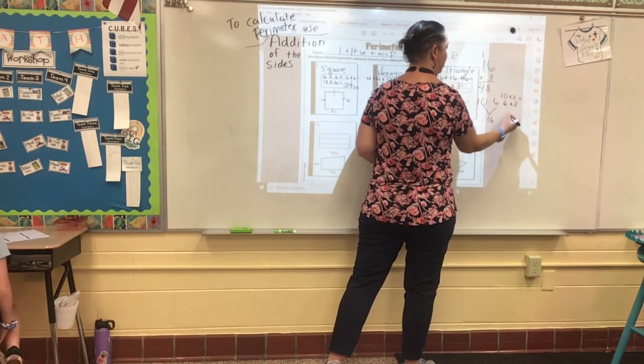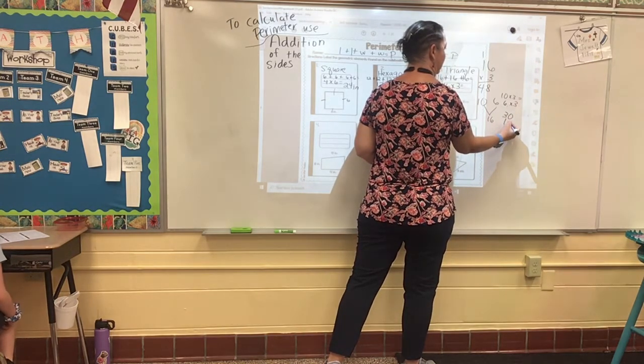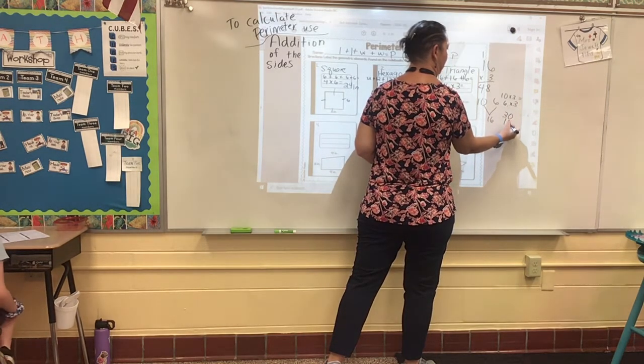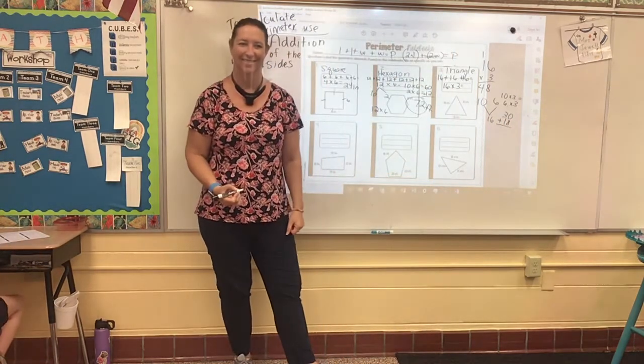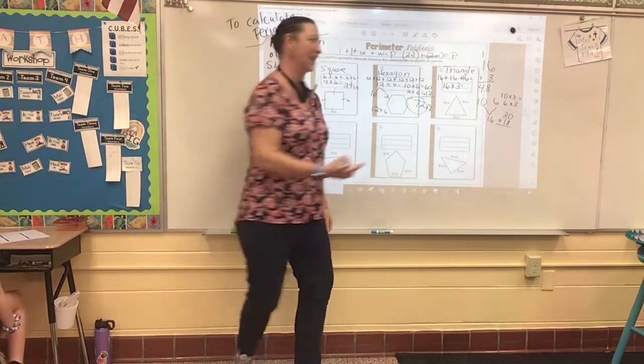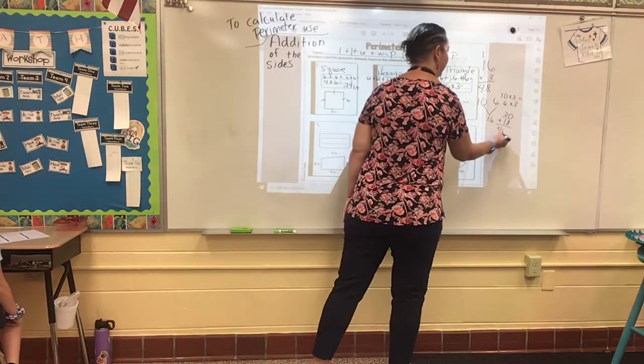So 10 times 3 is 30, and 6 times 3 is? 18. And 30 plus 18 is? 48. And so it's the same as my answer here.